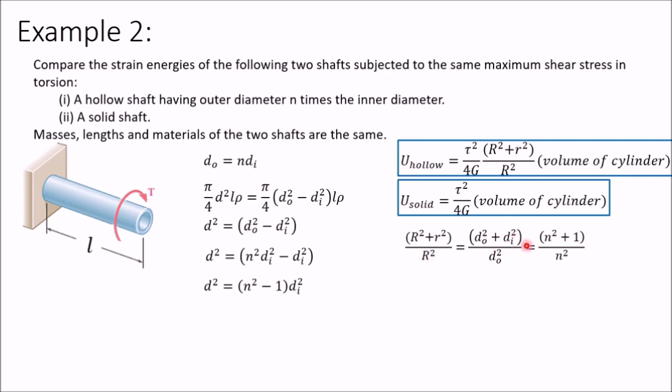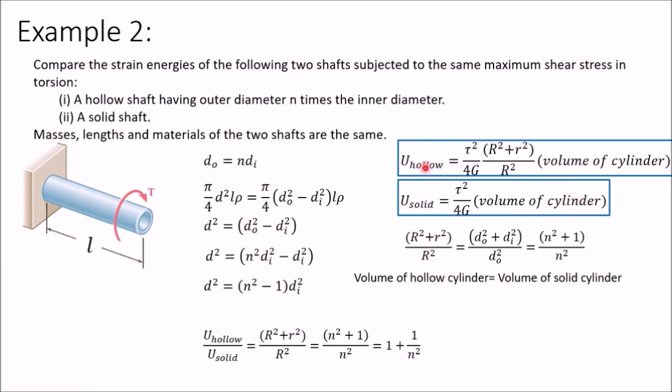So when you put these values, you can simplify. Do is n Di, so put that value, so you will get n square plus 1 divided by n square. Now here volume of hollow cylinder is equal to volume of solid cylinder. You can see here masses are same, lengths are same, therefore volume of hollow cylinder and volume of solid cylinder will be same. So these two terms are same.